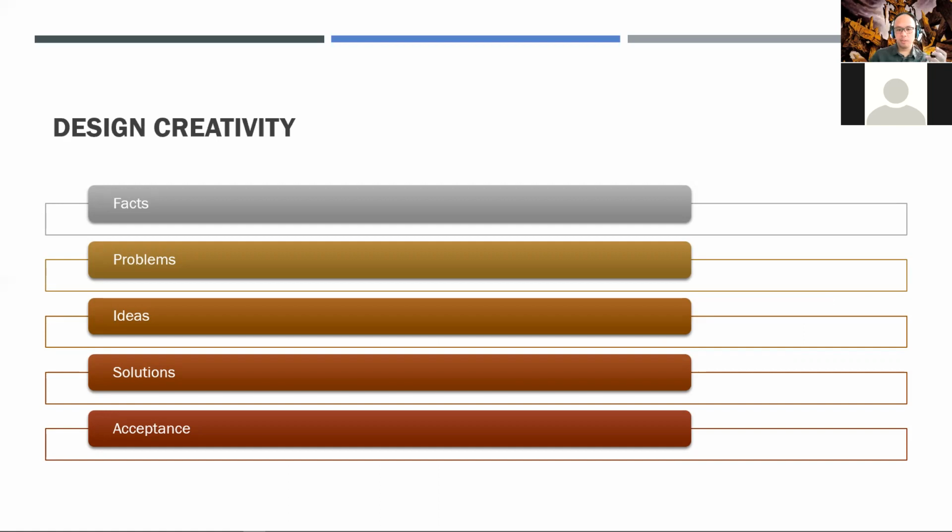Creative problem solving involves the pursuit of five things: facts, problems, ideas, solutions, and acceptance of the solutions. Now, each of these is evident in the site planning and design process.